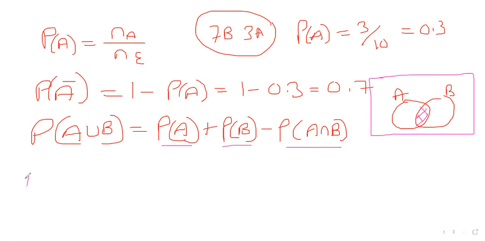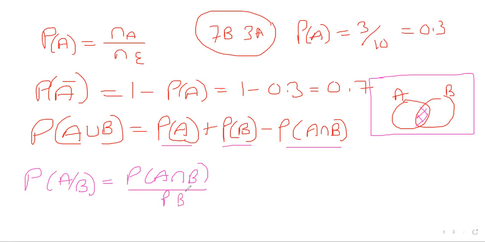Okay. Then we also go to conditional probability. A given B is simply the probability of A intersection B over the probability of B. You bring back the common ground, the base.